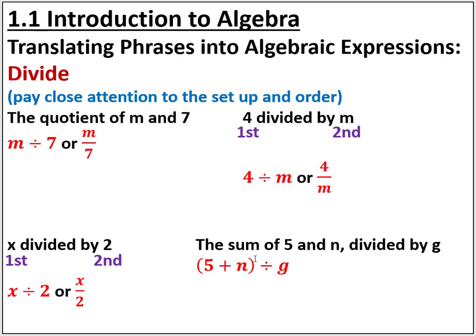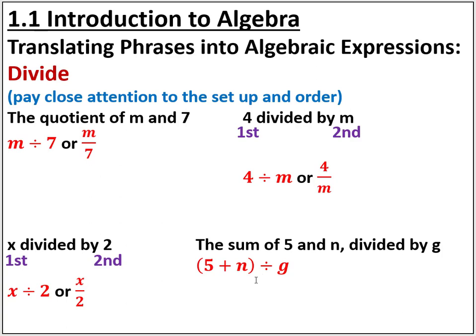Now here, I included parentheses because I want to emphasize that the 5 and the n go together. After we put the closed parenthesis, we're going to follow with the second operation, which is divided by. So we put the division sign and then followed by g. When you write it horizontally, like you have here, you do have to include parentheses.